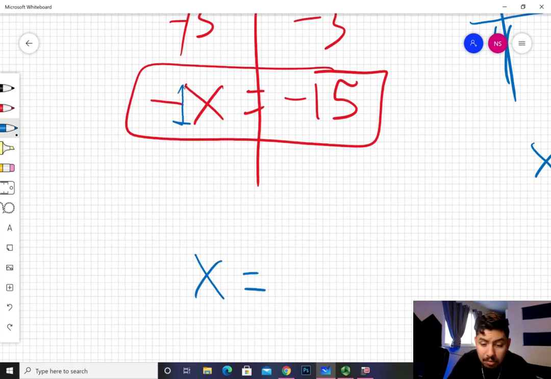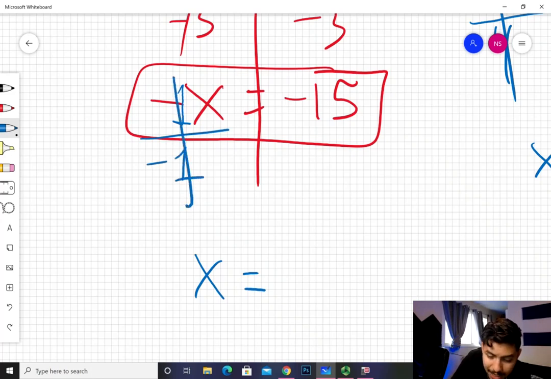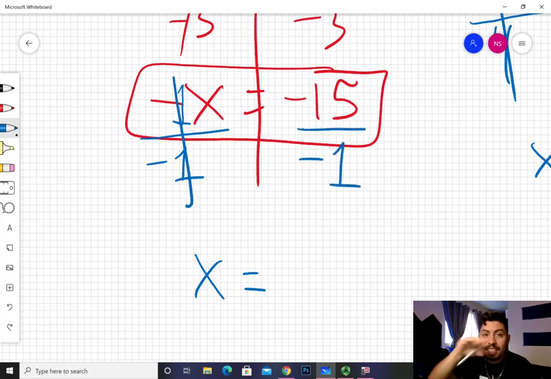Well, if you know this is a negative 1x, you see a negative 1, you see the letter, they're butted up with each other. You need to divide by the negative 1 to cancel it out, making it an invisible positive 1, aka just the x by itself. And that one gets thrown over there, giving you negative 15 divided by negative 1. What's the answer? Positive 15.